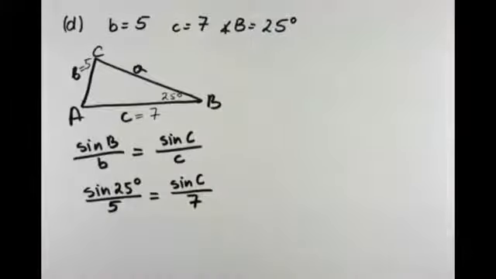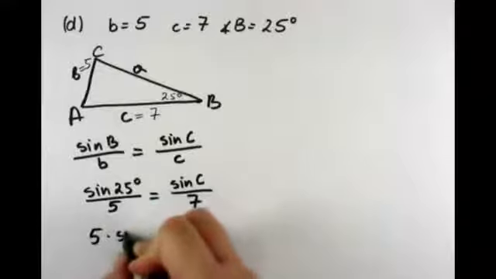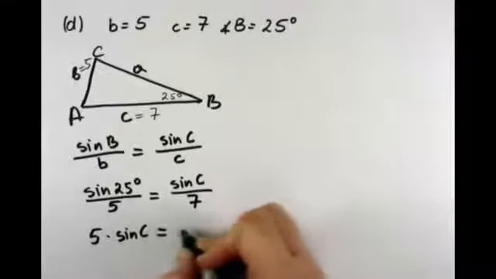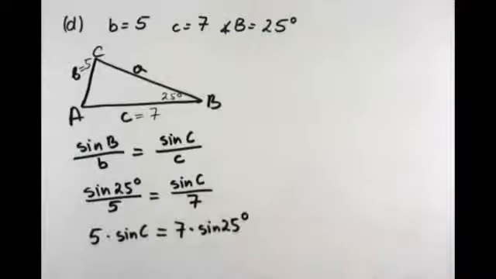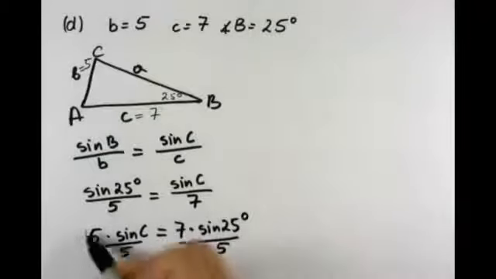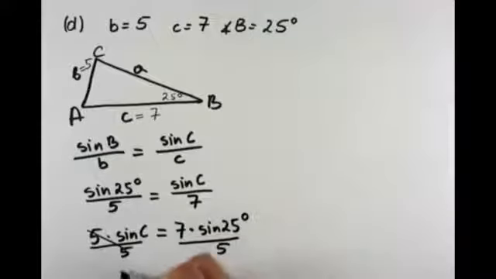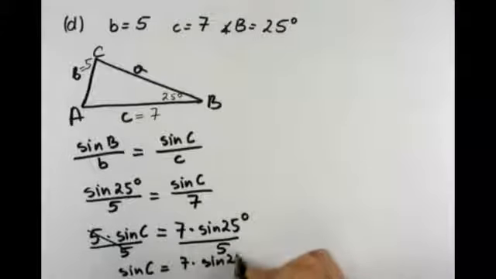We can cross multiply. 5 times sine C is equal to 7 times sine 25 degree. Divide by 5. So we have that sine C is equal to 7 times sine 25 over 5.